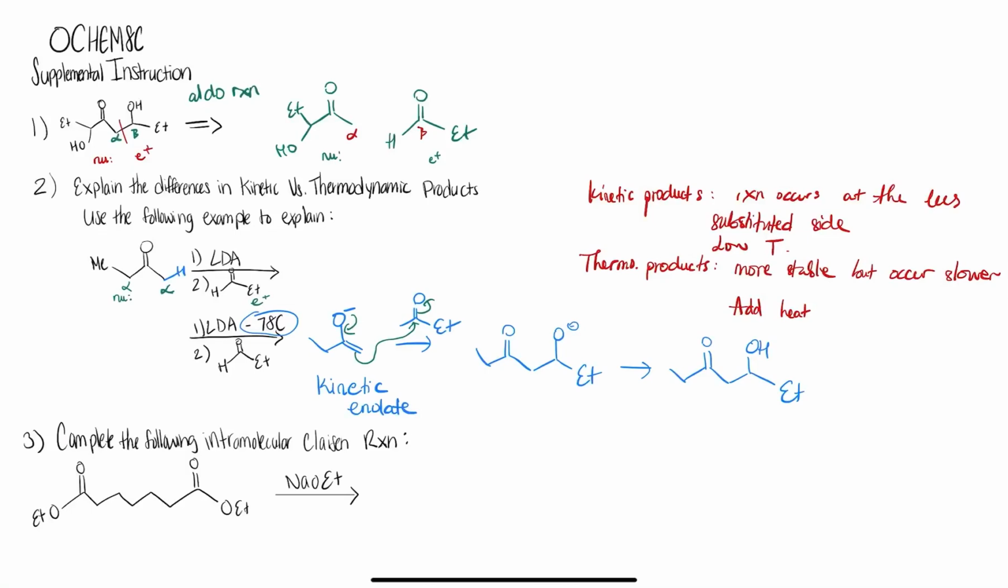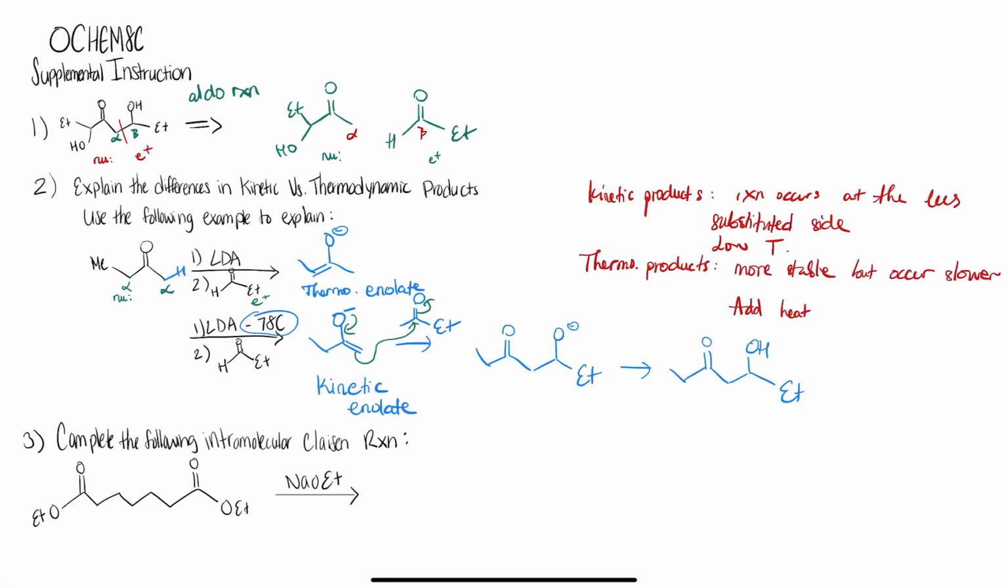It's different in the other case. At the top, we don't have low temperature. That means we're going to get the more substituted thermodynamic enolate, right? More substituted alkene, more stable intermediate.